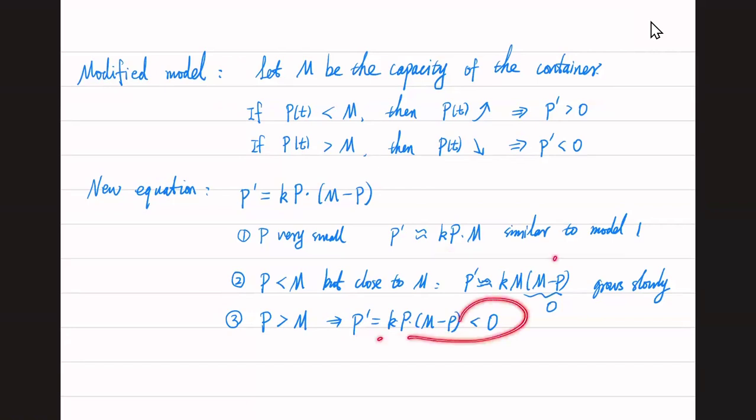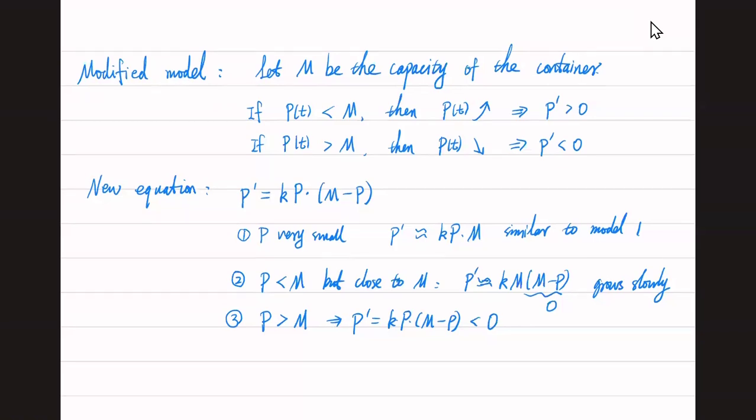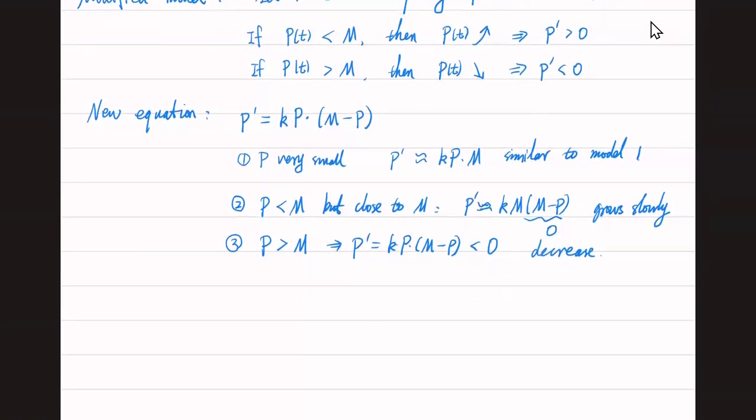If negative, decrease, the population becomes smaller because in some sense it's too crowded or too competitive. Okay, so that's our modified model. To solve this differential equation, we use the same method, separation of variables.